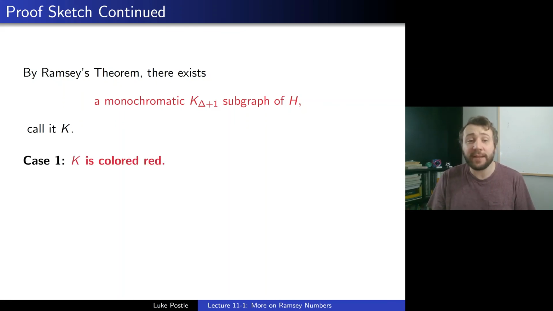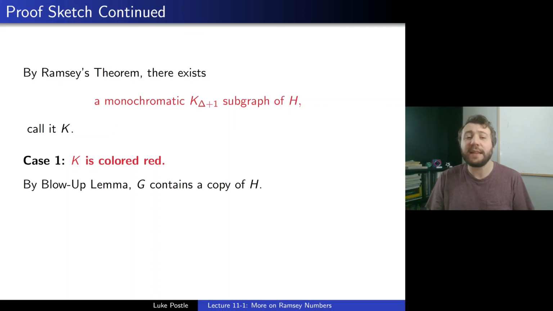Now there are two cases: either K is colored red or it's colored blue. If it's colored red, that means we have a clique of all high density, and by the blow-up lemma, G contains a copy of H. If you remember, we can embed H, because it's a max degree delta subgraph, using delta plus 1 parts to go back and forth.